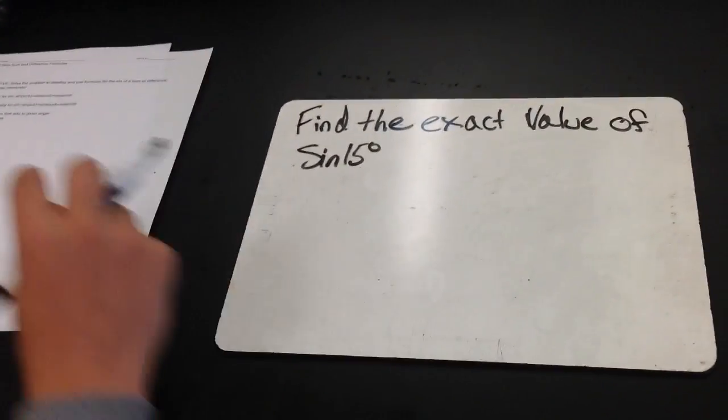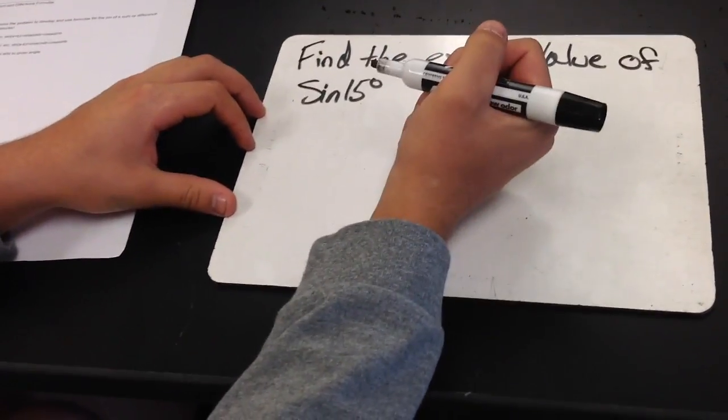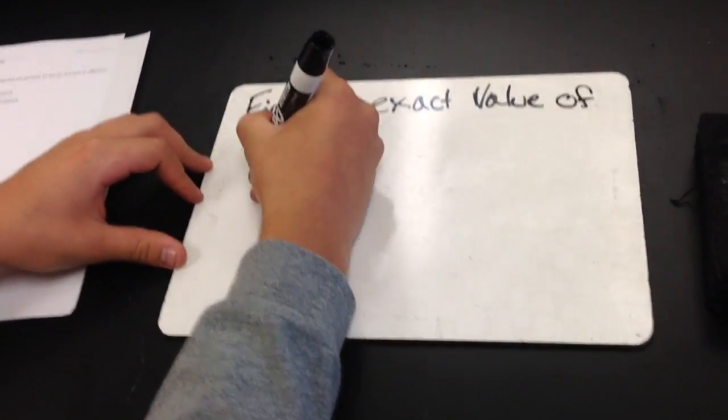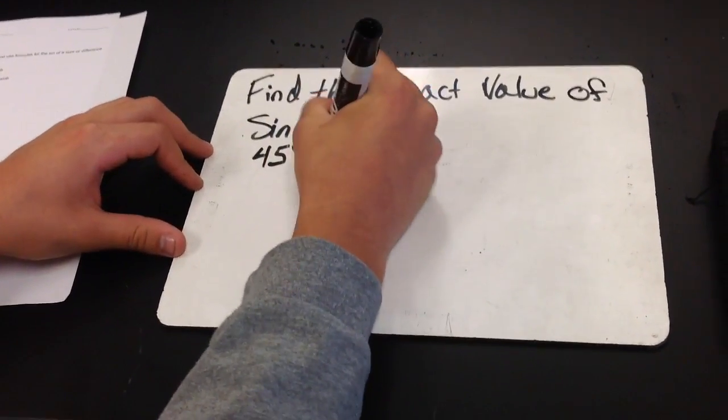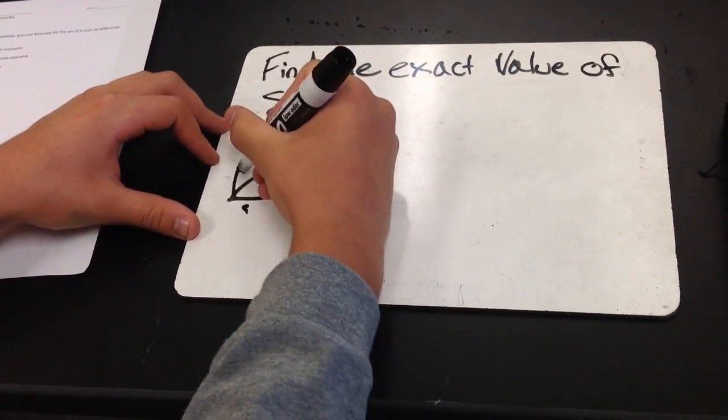So use the same steps for this. You're going to find two angles that add to the given angle, but in this case, subtract because we're using the difference identity. So it's going to be 45 and 30. And you're going to draw the triangles as you would normally do.